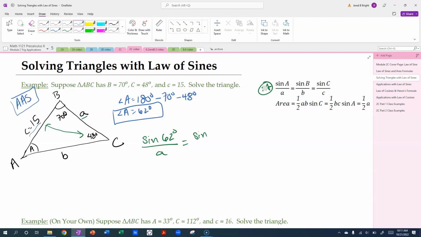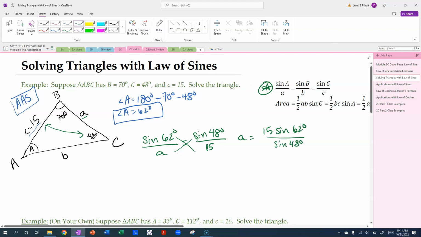And again, from this equality, pick two of the three pieces to use. So sine of 48 degrees over 15, and then we can solve, cross multiply. So let's see, we'd get A is equal to 15 sine of 62 degrees, and then we'd have to divide by sine of 48 degrees.